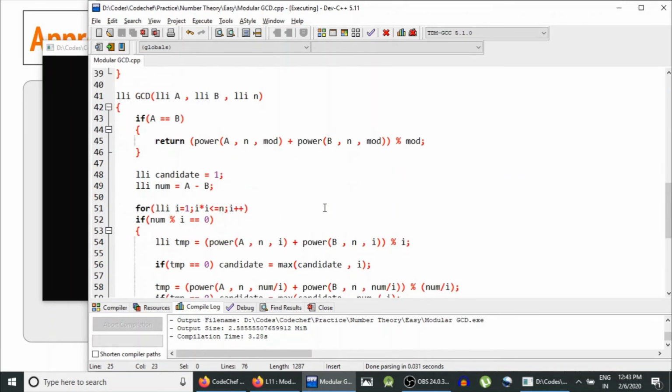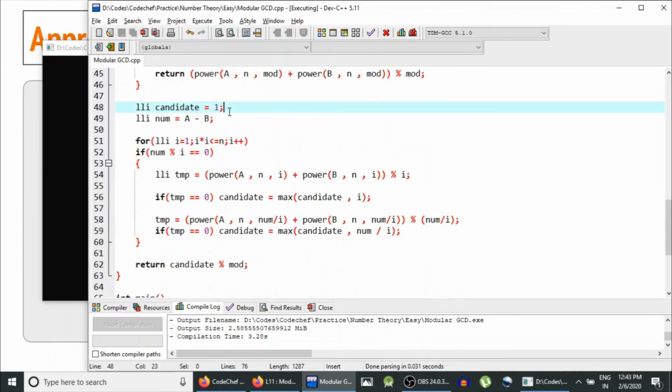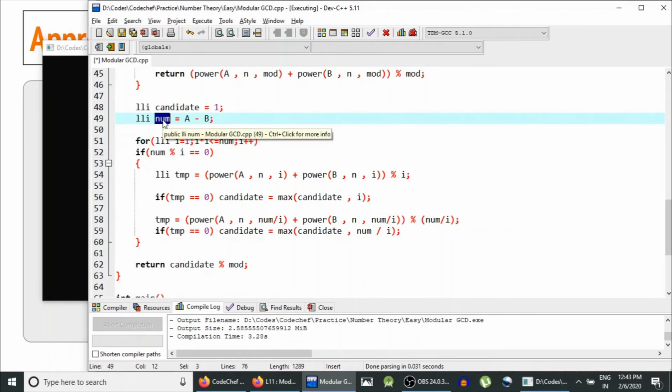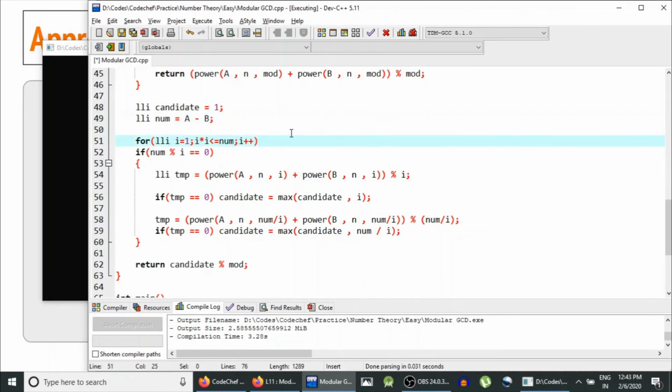If a is equal to b, then we have to calculate a raised to power n modulo mod plus b raised to power n modulo mod, finally mod, and we have to return this, of course. Otherwise candidate is 1. Starting from 1 we are going till square root of n. Oh, sorry, we don't have to go till square root of n, but we have to go till square root of number, because we are finding the divisors of number, not n. That was the problem.